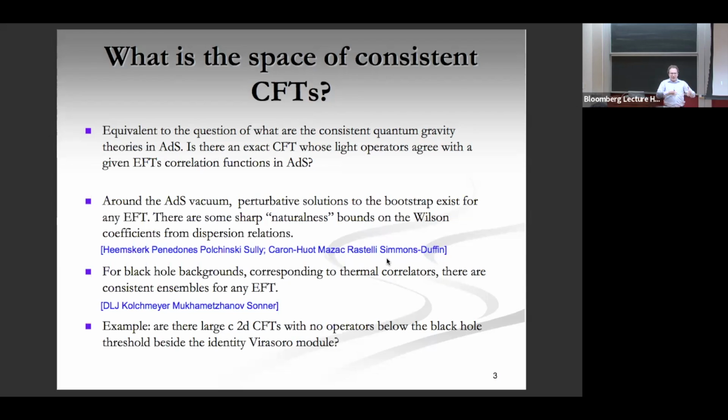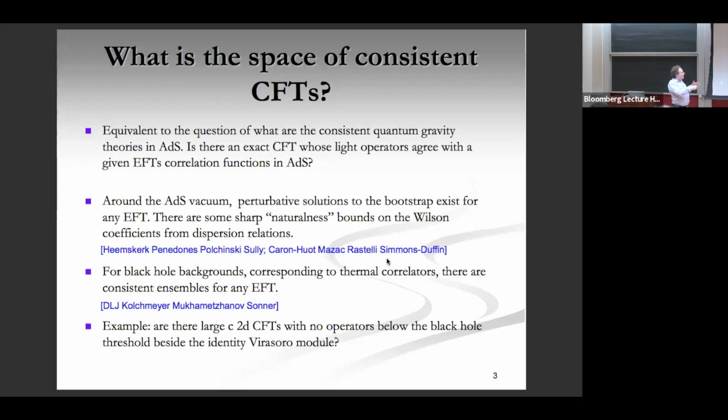So there really isn't any constraint at the level of 1 over C perturbation theory around the vacuum. There's no swampland constraint. Everything works. There are some sharp naturalness-like bounds, like inequalities obeyed by the Wilson coefficients that were established using dispersion relations.